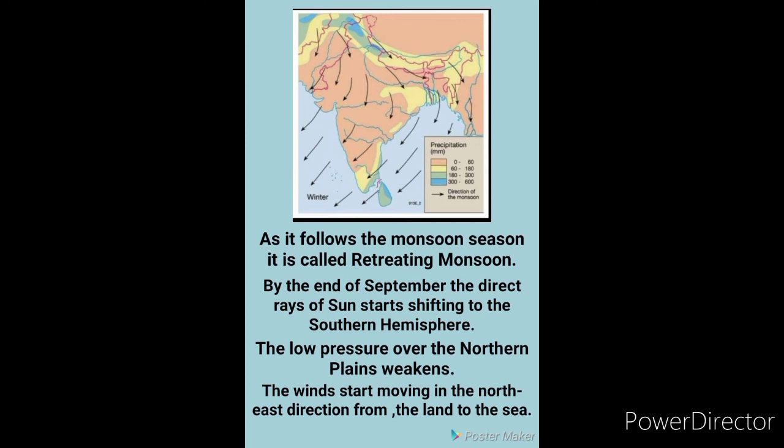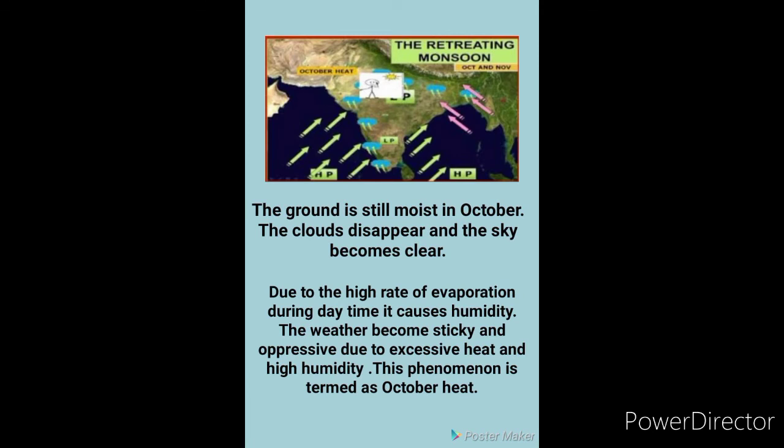By the end of September, the direct rays of sun start shifting to the southern hemisphere. The low pressure over the northern plain weakens. The winds start moving in the northeast direction from the land to the sea. The ground is still moist in October. The clouds disappear and the sky becomes clear.